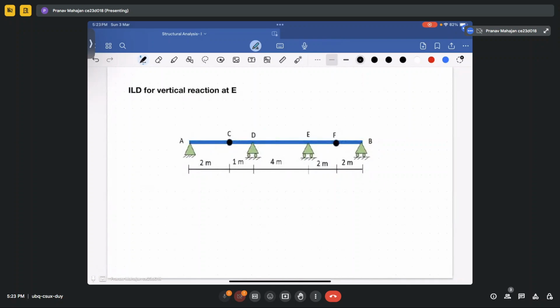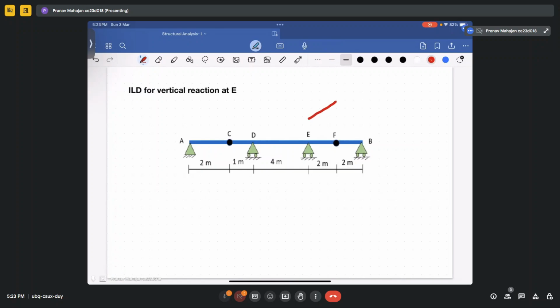Now, how you will make it for vertical reaction at E? Again, same thing. You will provide unit displacement at point E. So if we provide unit displacement at point E, here it is 1.